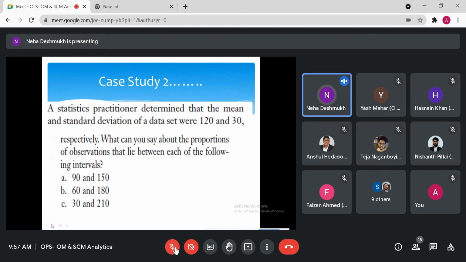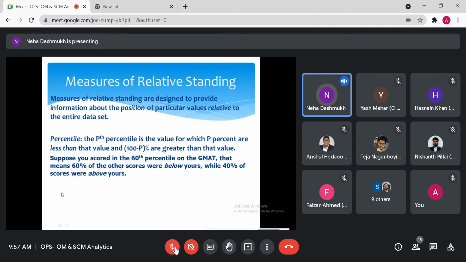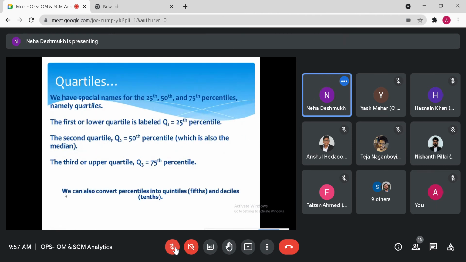So now it is clear what is empirical rule and what is Chebyshev rule, right? Now the next is measures of relative standing. The measures of relative standing is calculated by the quartile. Quartile is what? There are three types of quartile.